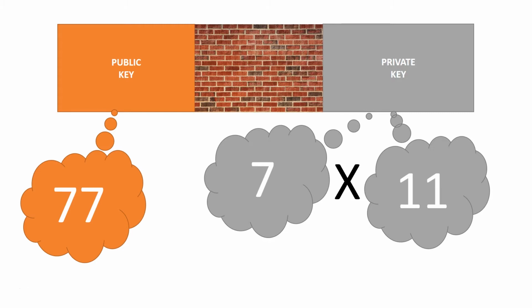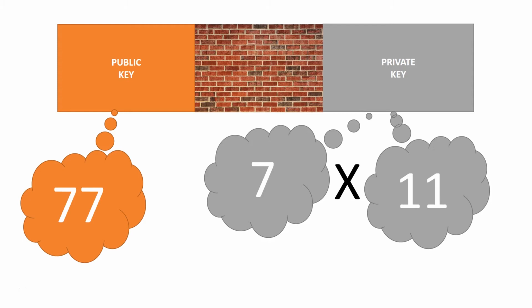If I gave you the numbers 7 and 11, it's pretty easy to come up with 77 as a product. But if I gave you the number 77, which is out in the public, and you've got to figure out what two numbers to multiply to get to 77, you're going to have a bit of a hard time.